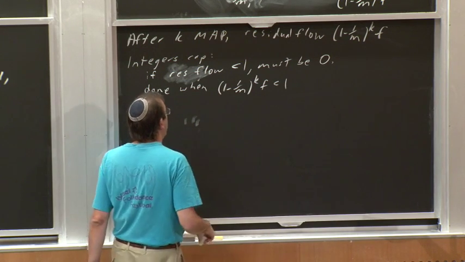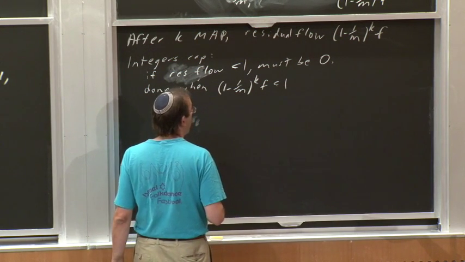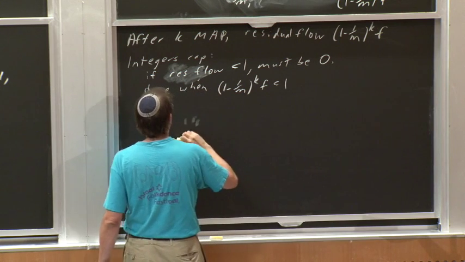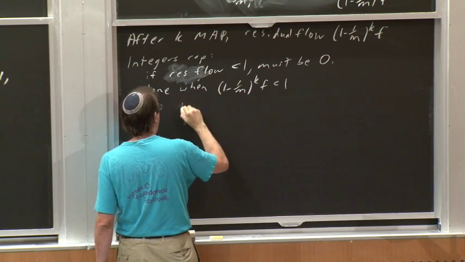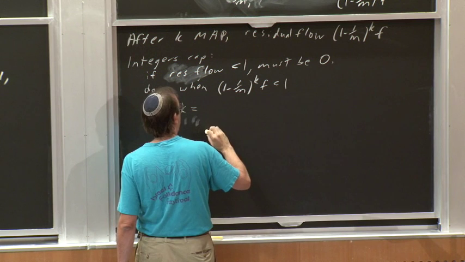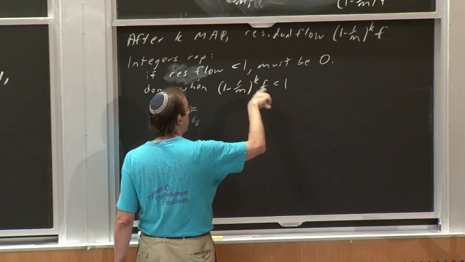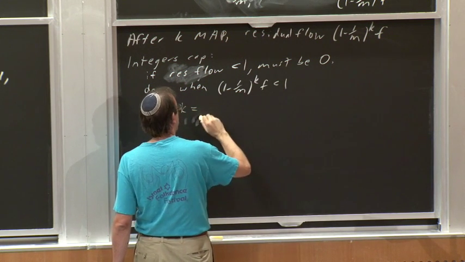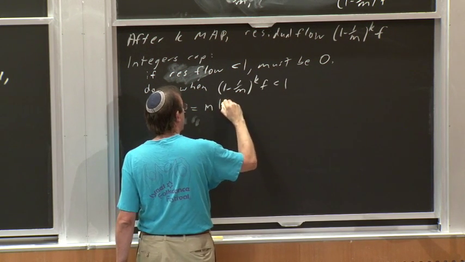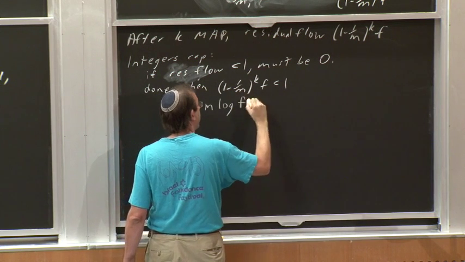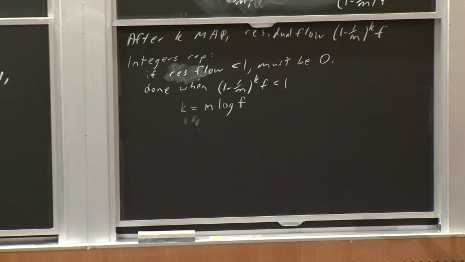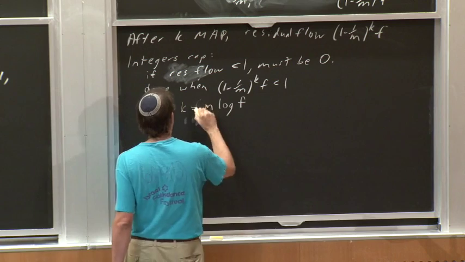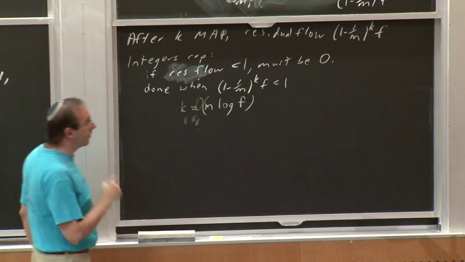And so now if we do some mathematical manipulation, we discover that we need to have k equal to, I can't do math, let's see, order m log of f, I believe, is the correct value.